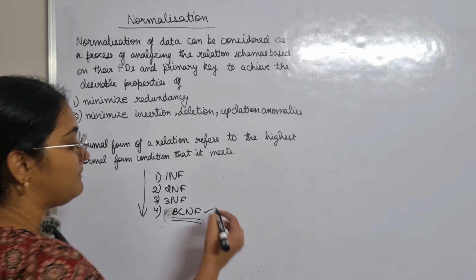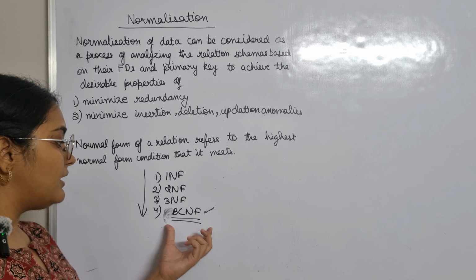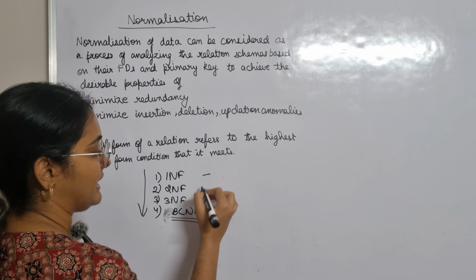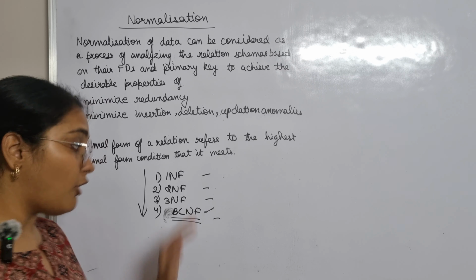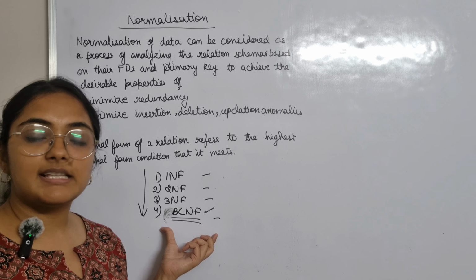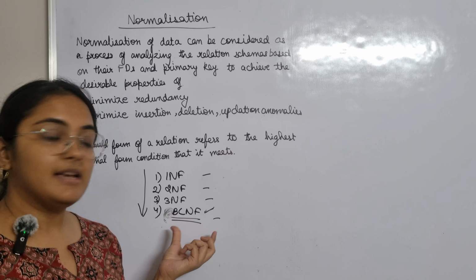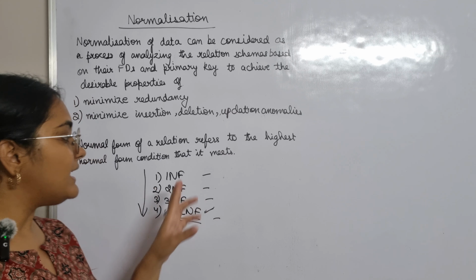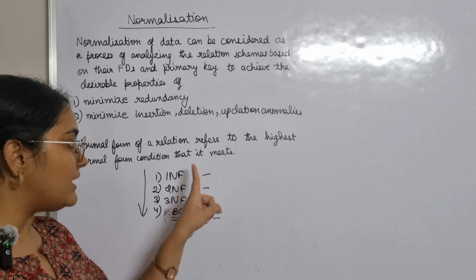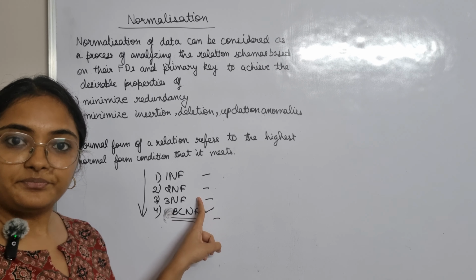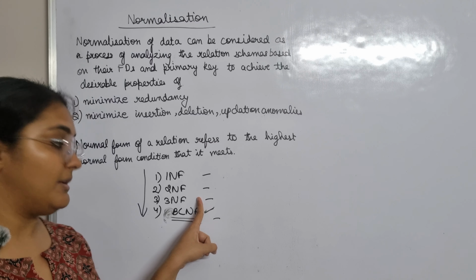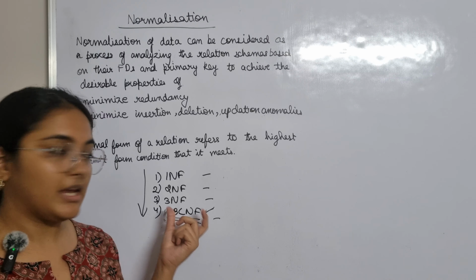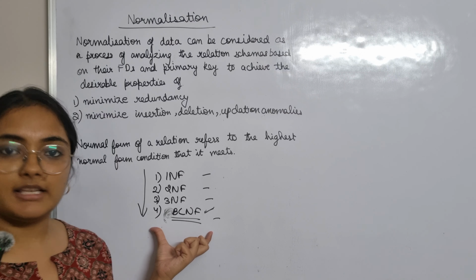So if a relation schema has passed the tests of 1NF, 2NF, 3NF and BCNF, all the tests, then since BCNF is the highest test or the highest quality significator, we will say that the relation schema is in BCNF. Similarly, if a relation schema is in 1NF, 2NF, 3NF, then we will say that the relation schema is in 3NF, because this is the highest normal form condition that it meets. Okay, because the strictness keeps increasing in this order.